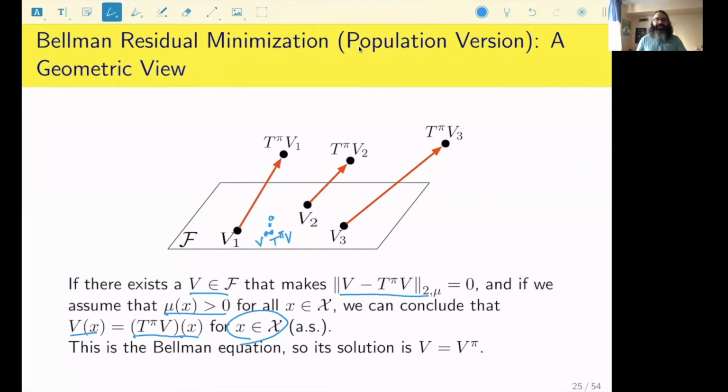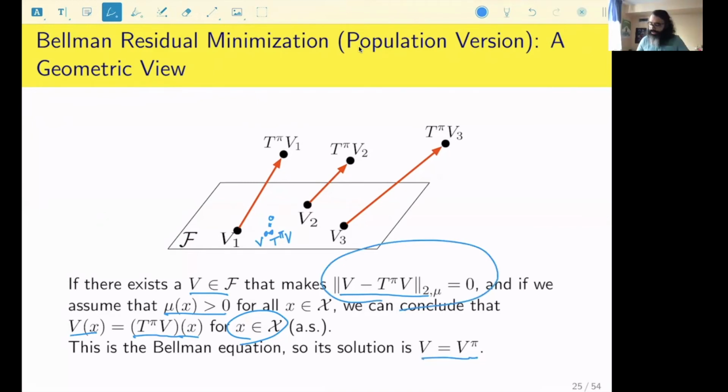Which means that, as we had seen before, this is satisfying the Bellman equation. So the solution we have found would be V pi. But this is only under the condition that V minus T pi V is equal to 0.